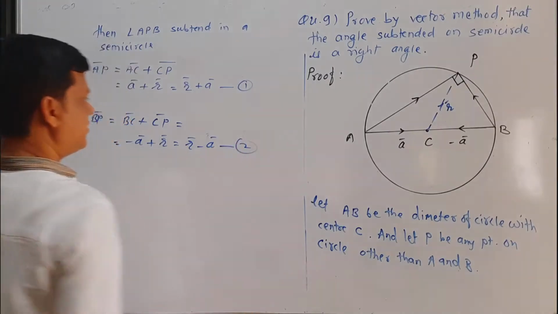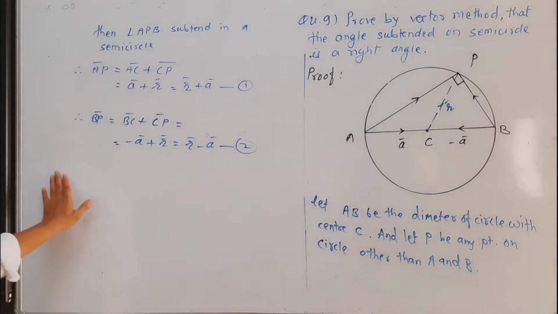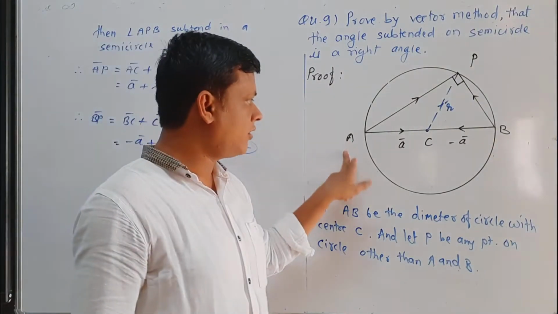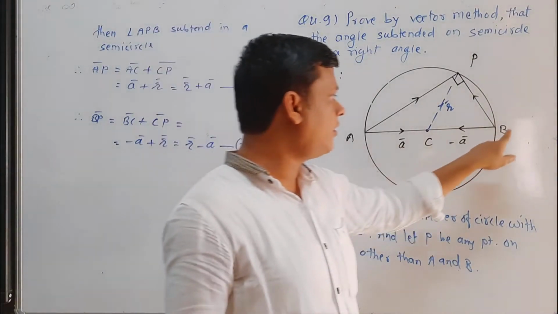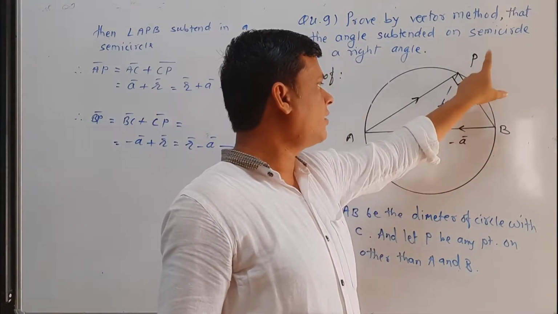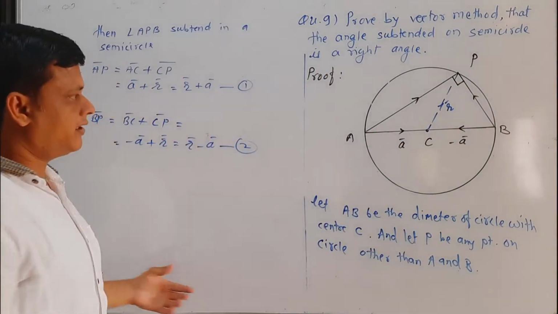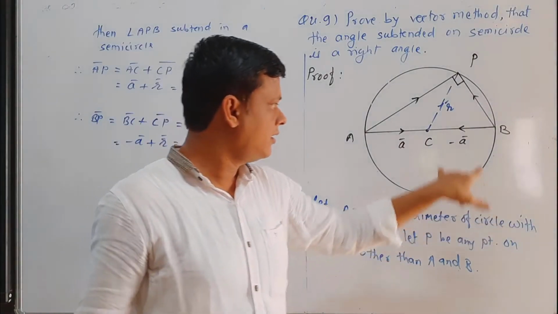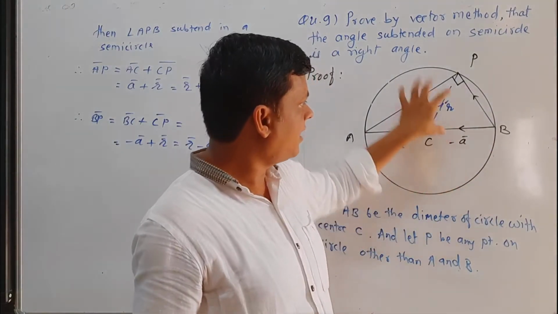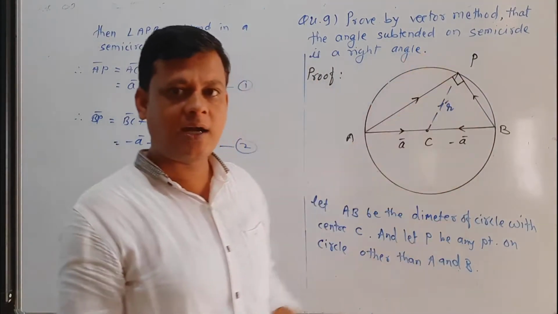This is equation number 2. That means we have to write first the position vector of A is A bar, position vector of B is minus A bar, position vector of point P is R bar. Or directly you can write vector AC equals to A bar, vector BC equals to minus A bar, vector CP equals to R bar.